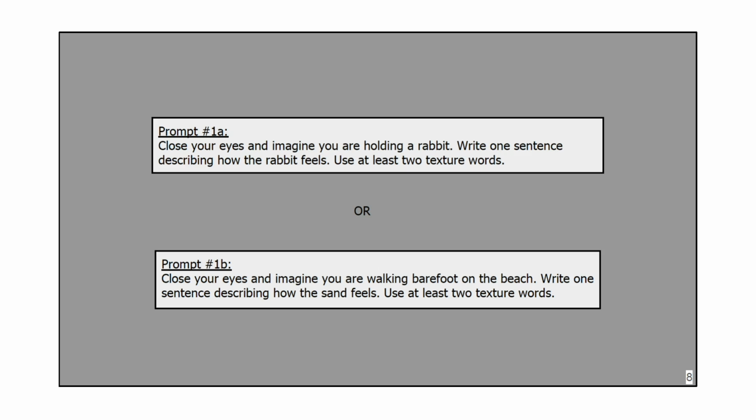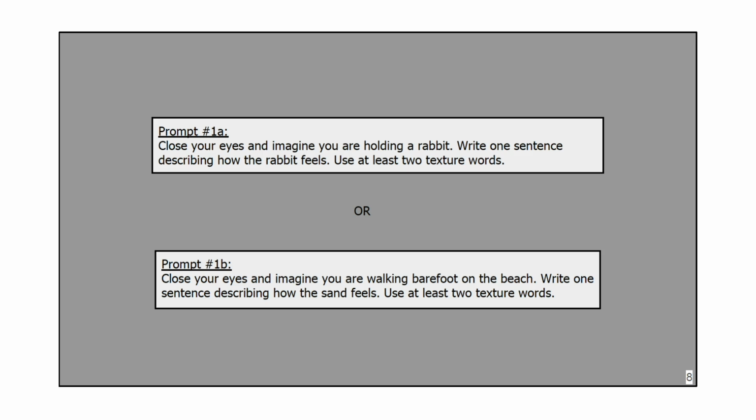Now let's practice writing texture descriptions. Choose one of the following prompts. Prompt 1A. Close your eyes and imagine you are holding a rabbit. Write one sentence describing how the rabbit feels. Use at least 2 texture words.